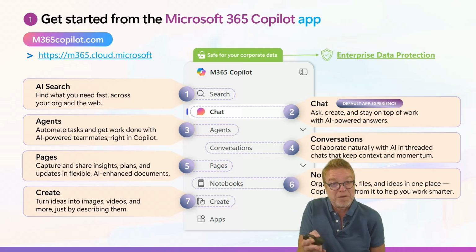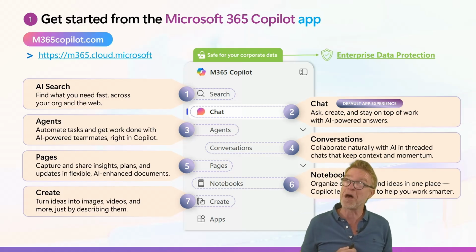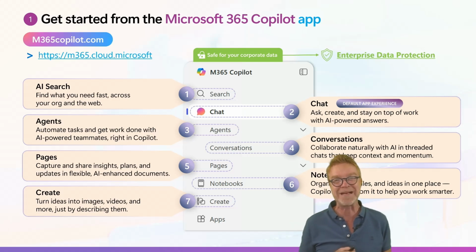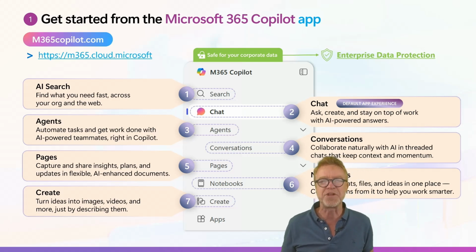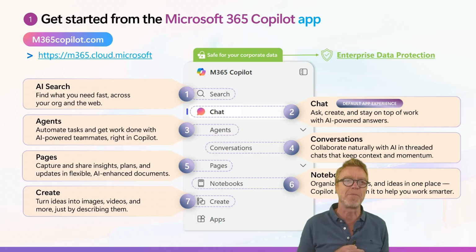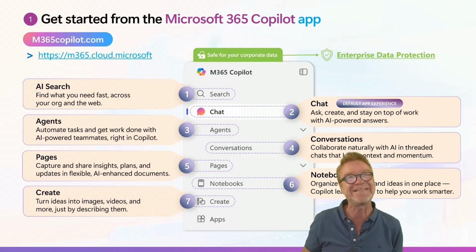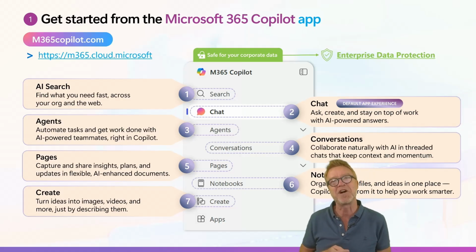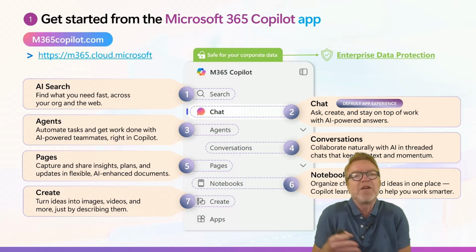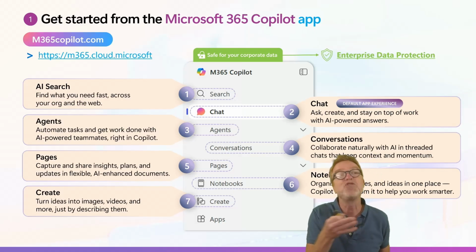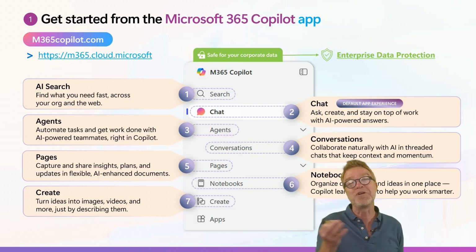Well, you used to have from Microsoft an app that was called Office Lens for that. Now Office Lens is not available officially anymore from Microsoft, but the full Office Lens functionality got integrated into the Microsoft 365 Copilot app. And that is just one of the many examples of the create functionality, the create capabilities in the Copilot app.